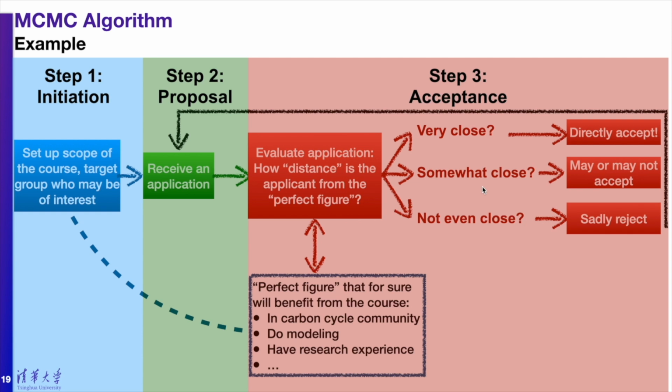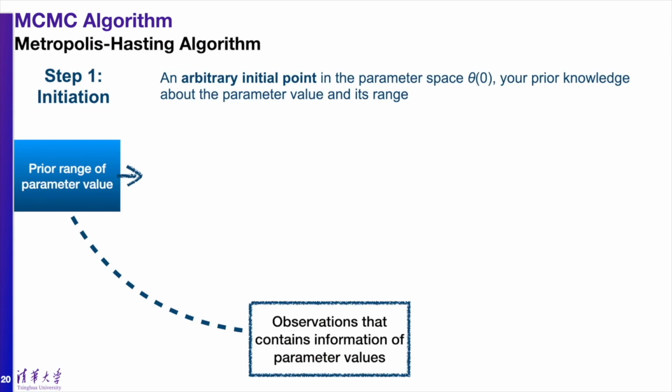The first step is the so-called initiation, the second step is the proposal, and the third step is the acceptance. In the initiation step of the Markov chain Monte Carlo method, we are setting the prior range of the parameter values. At the same time, we may have already had observations that contain information to constrain the parameter values.